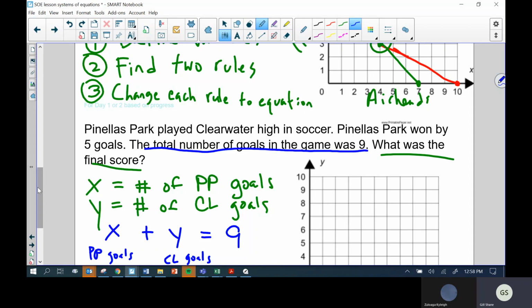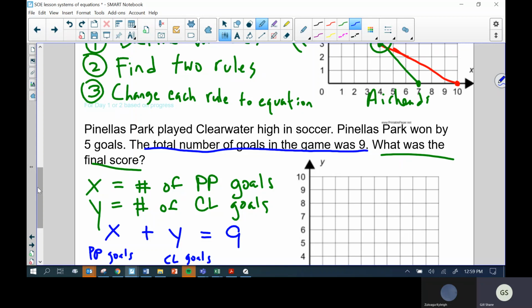Really, it just says here the number of goals. It doesn't even tell you how many points, because there aren't points, it's just goals in soccer. If it was football and you had field goals and touchdowns, that's when you'd have to use a 7 and a 3 to figure out the points. Although you could still say the number of scores, like how many times they actually scored, would be the variables.